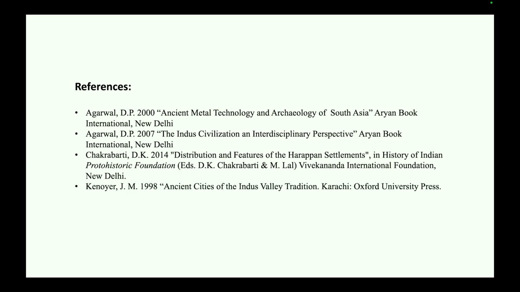So, we can say the Harappan fauna gives basic information regarding the society of that particular Harappan culture as well as the decline of the Harappan civilization, where in the late phase many faunal remains are just not in the report. So, by these references, you can study the Harappan fauna deeply.